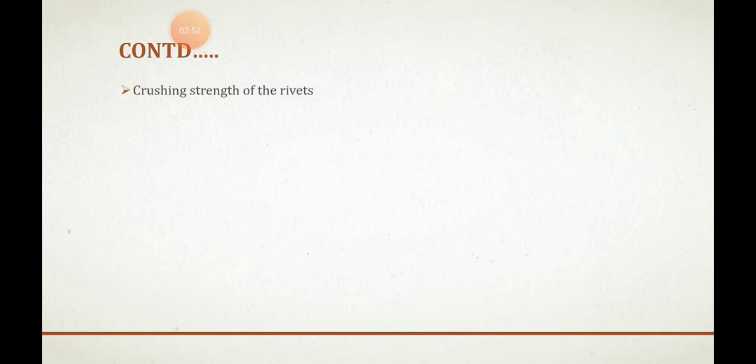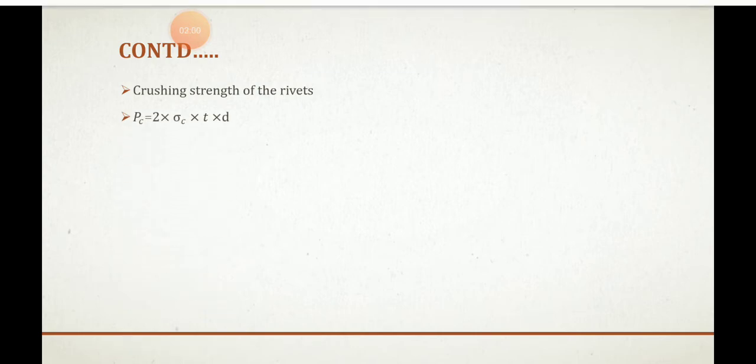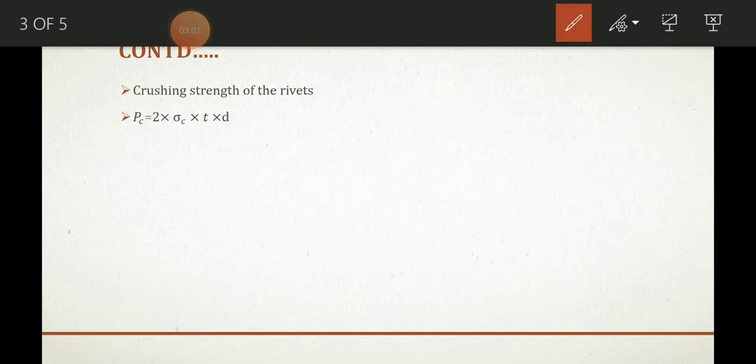Next, we'll calculate the crushing strength. Now it is Pc, that is the crushing strength: 2 as it is a double riveted joint, into sigma c, that is crushing stress, into t, the thickness of the plate, into d, the diameter of the rivet.